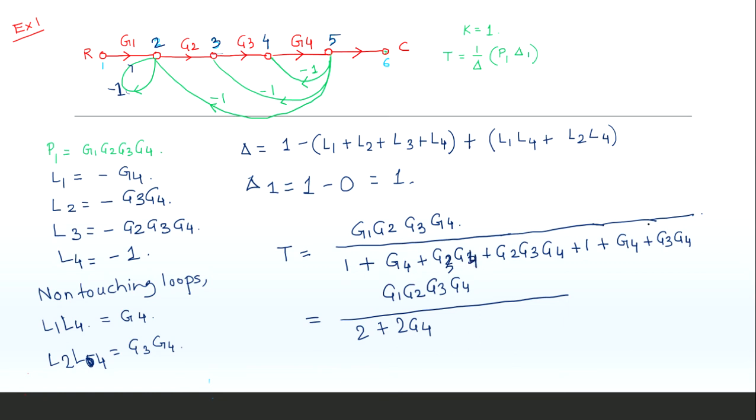So this G3 G4 and this G3 G4 make 2 G3 G4, plus G2 G3 G4. So this will be the final answer, the overall transfer function of this particular signal flow graph. Thank you.